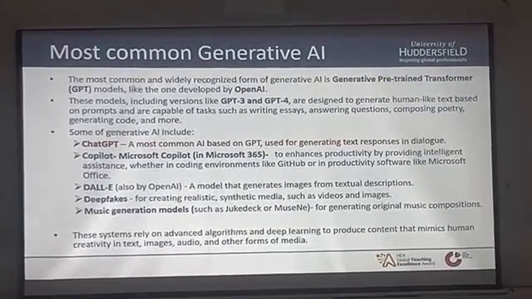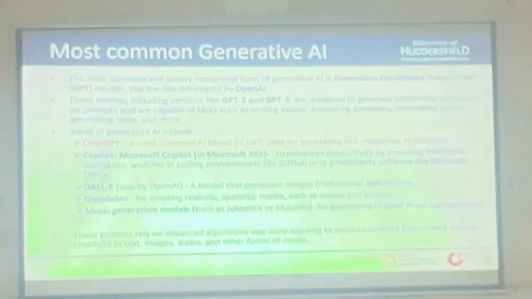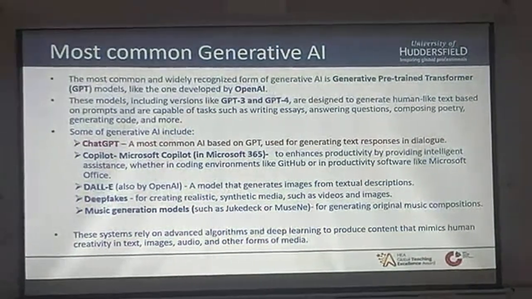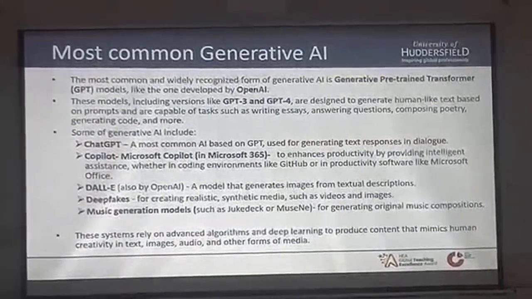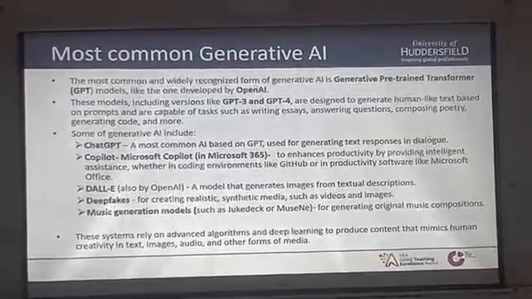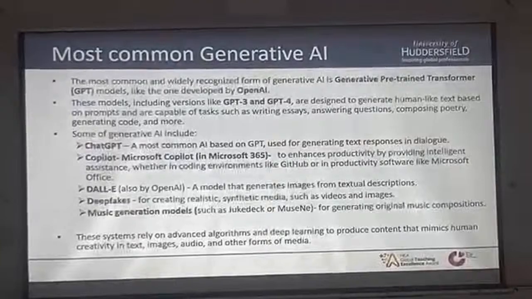ChatGPT, as you know, is a Generative Pre-trained Transformer, known as GPT, and there are two versions: one freely available version, which anybody can sign in and use, and a paid version where you get more advanced facilities.